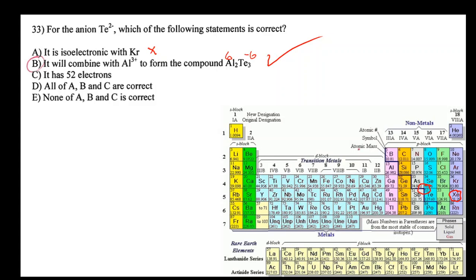However, the catch-22 here is that it's in a 2- charge. So it's actually gained 2 more electrons, so it would have 52 plus 2, or 54 electrons. So C would be incorrect as well. And then D and E are just combinations of those, so those don't matter.